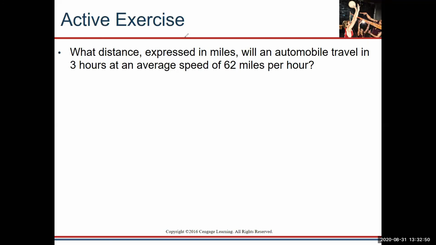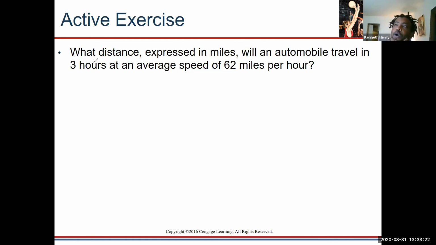Let's see. Will it be 62 over 1? Or no? 2 hours. Sorry, I swear I was paying attention. I'm just having a little hard time with this one.